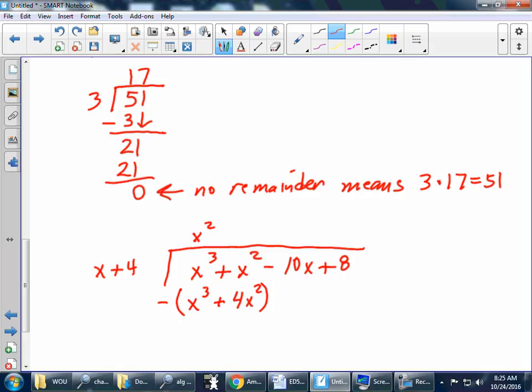Watch your sign. x cubed minus x cubed, 0. Be careful. x squared minus 4x squared, negative 3x squared. Okay? Javier, it's okay? Okay. Bring down your negative 10x.